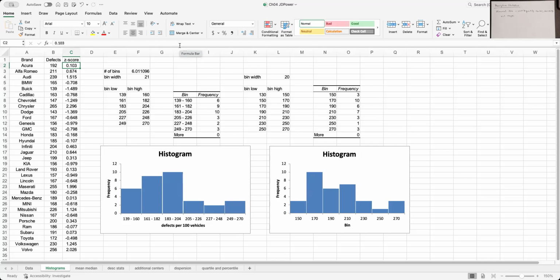So if my bins go 130 to 150, 150 to 170, this right-hand picture, what do I see? Do I see a modal class, a peak, anywhere in that graph? Kind of.